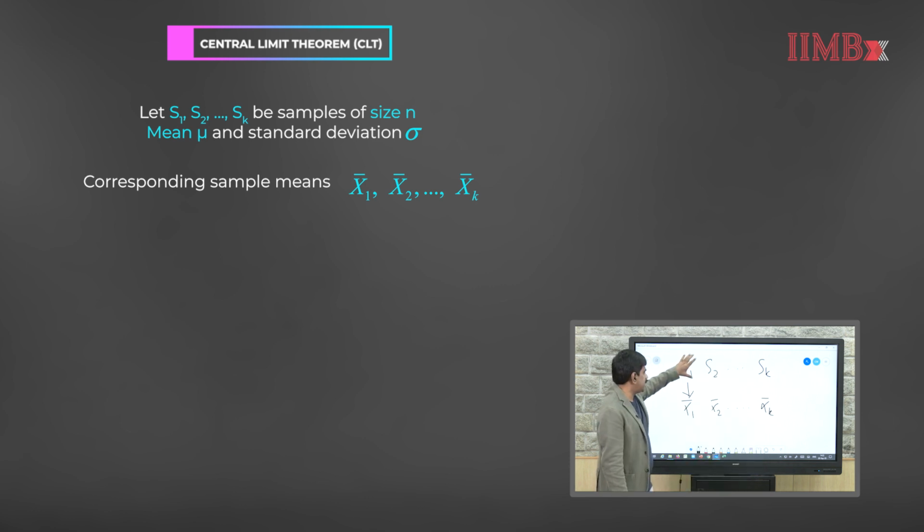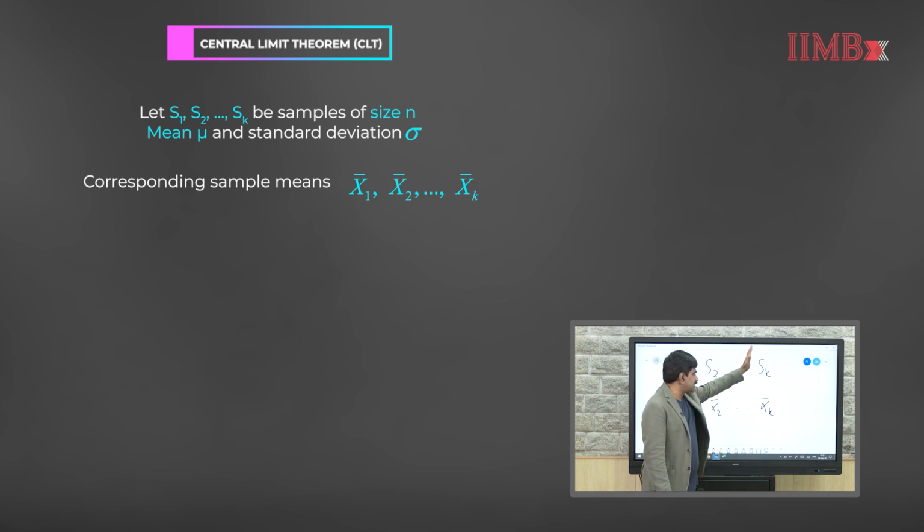We have samples S1, S2 up to Sk, and we are calculating the mean from each of these samples. So, the mean from sample S1 is x1 bar, mean from sample S2 is x2 bar, and mean from sample Sk is xk bar. So, these values now constitute a distribution.